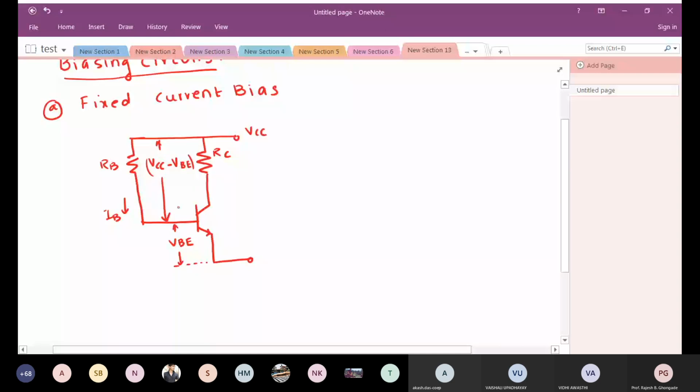And of course, my output is VCE. This is your electric current IC. So this is the very first type of bias called the fixed current bias. Now here, the base current IB is fixed.